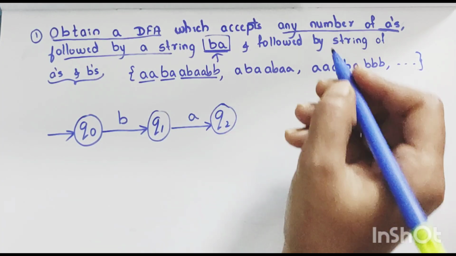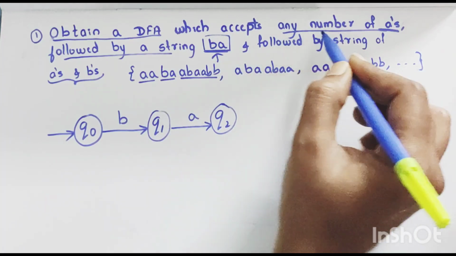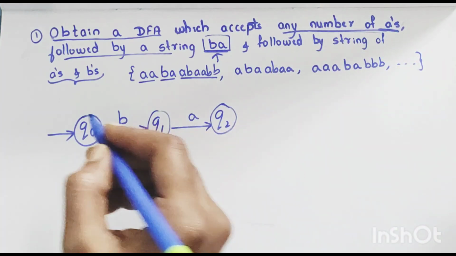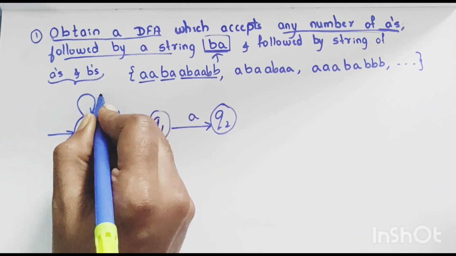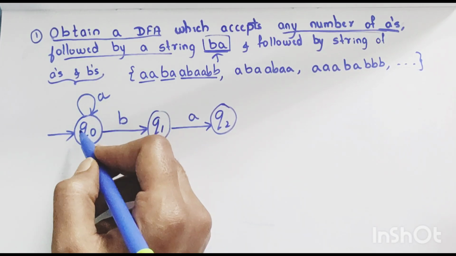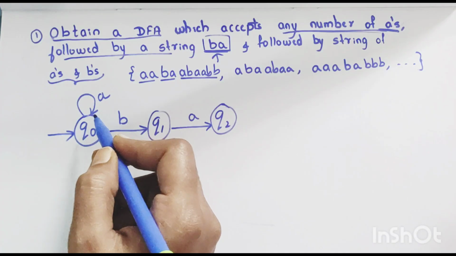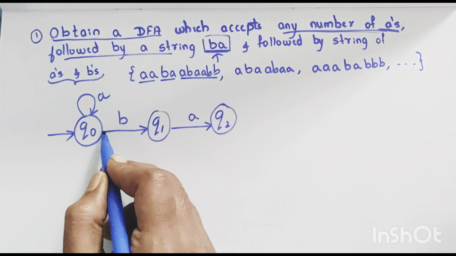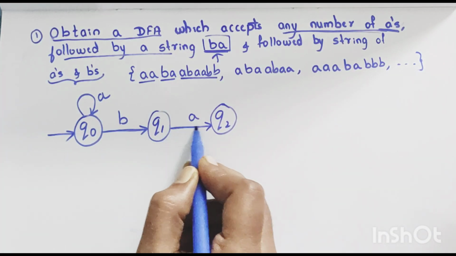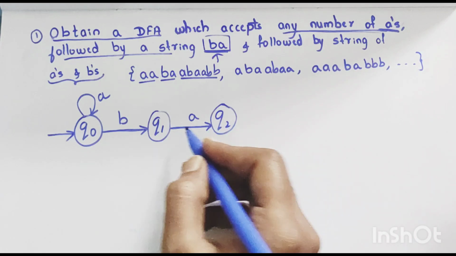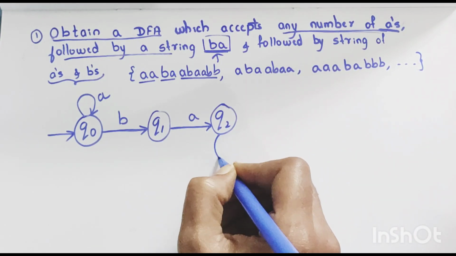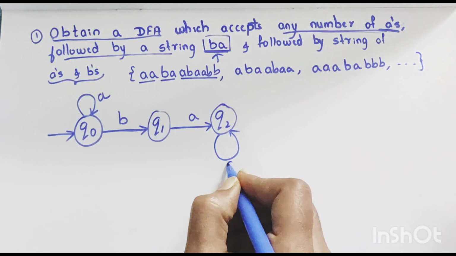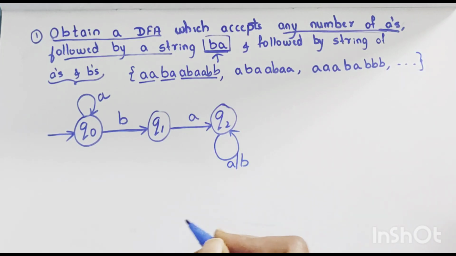Now it is said that the DFA accepts any number of A's first. So I will make a self loop for Q0. Here it can take any number of A's from the Q0 state, then followed by B and A. Now after the string BA our DFA can accept any number of A's and B's, so I will write A's and B's.